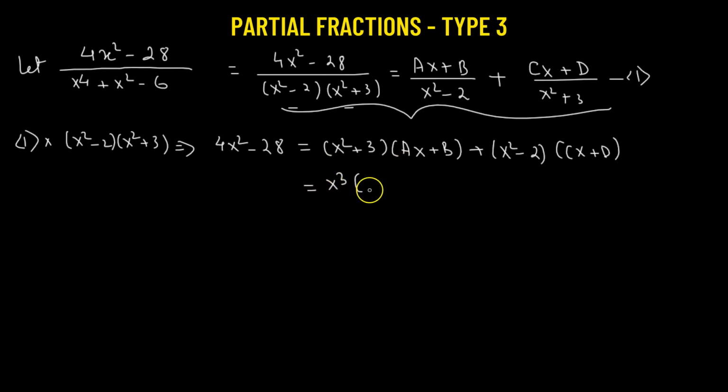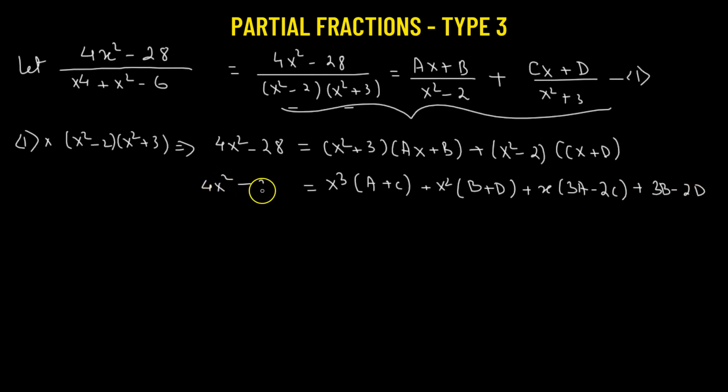So we have x cubed multiplied by (a plus c), followed by x squared with the coefficient (b plus d). Then we have x multiplied by (3a minus 2c), and finally we have 3b minus 2d. So that's equal to 4x squared minus 28.